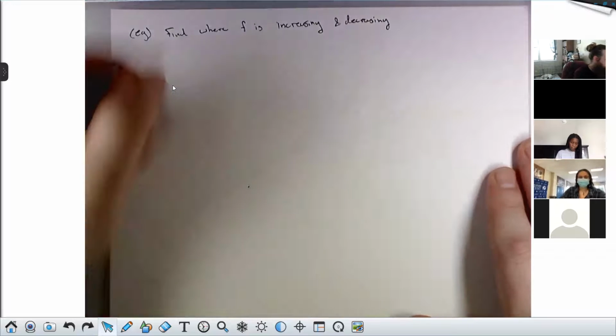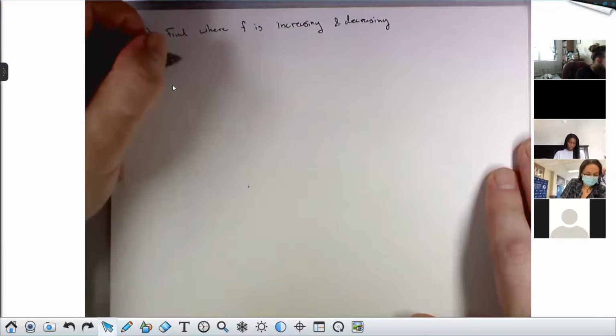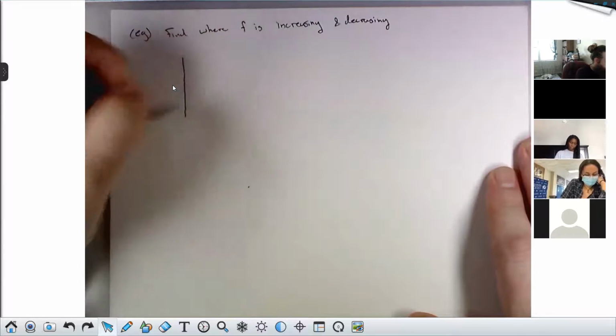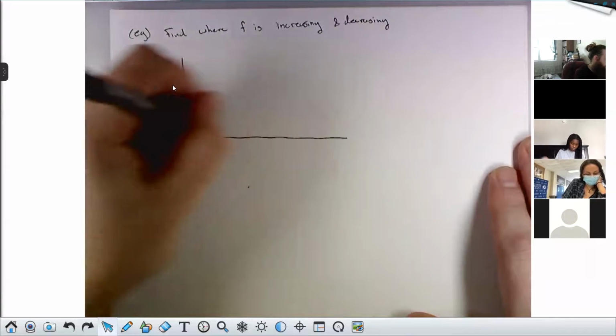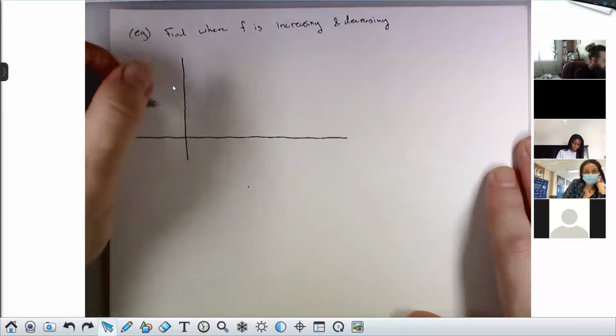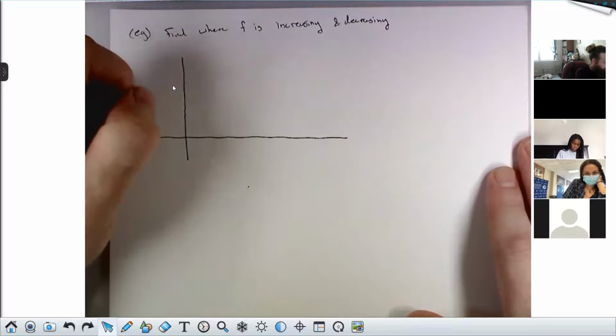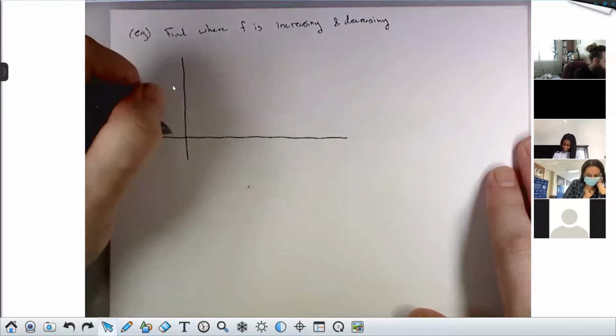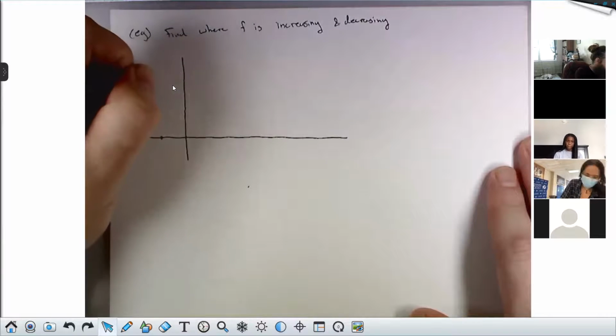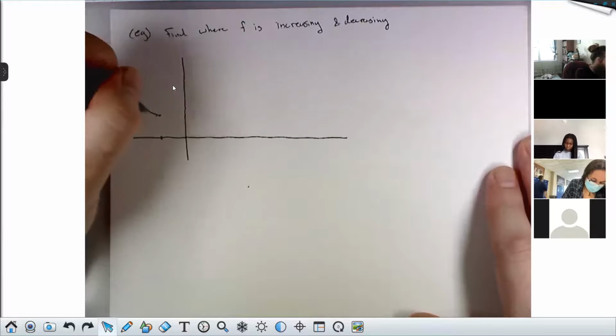So let's find where this function f is increasing or decreasing. I'll draw the graph here for us. Let's start with something like this.